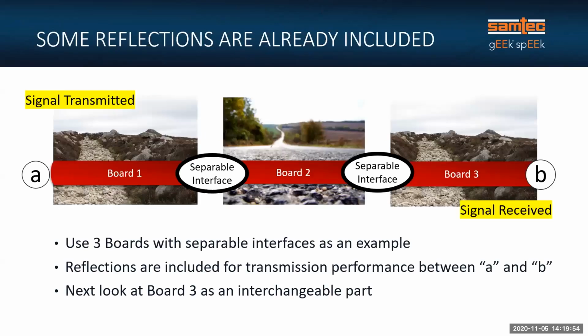What we really have here is a transmission path from A to B, and we're going to use 3 boards in an example here: board 1, 2, 3, with some sort of separable interface in between. Between A and B, we already have the bumps included. So let's look at board 3 as an interchangeable part, and we'll talk about return loss.